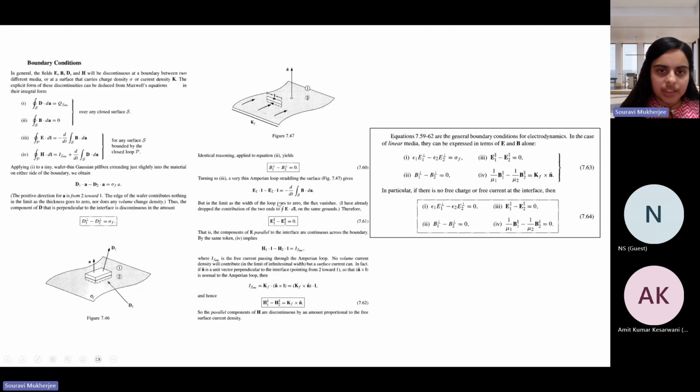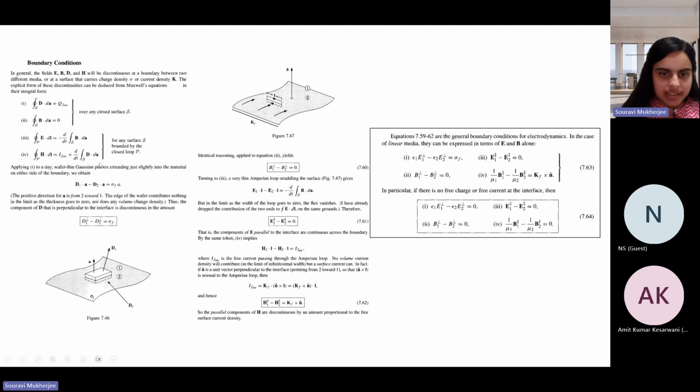What you get from there is, if you consider this kind of a Gaussian region, and considering that this width is very small, negligible, then in a way you can consider that the net flux going through this region is zero. So there, this term goes to zero. This tells us that the parallel components are also continuous. So E parallel to the interface is continuous across a boundary.